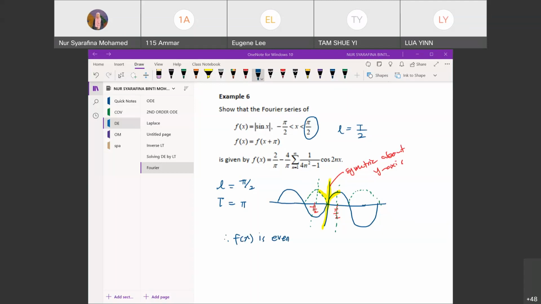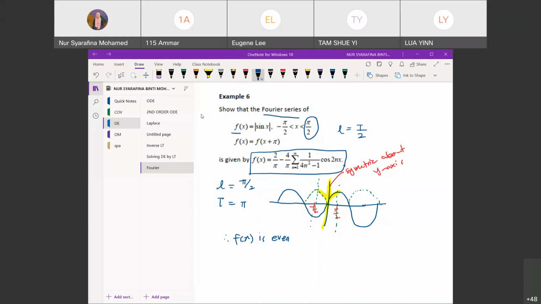First, second, or third? Second. Okay, good. So now by using the second formula, try to show that the Fourier series of this function is given by this. So your answer is given here. You need to show it. Okay, try.